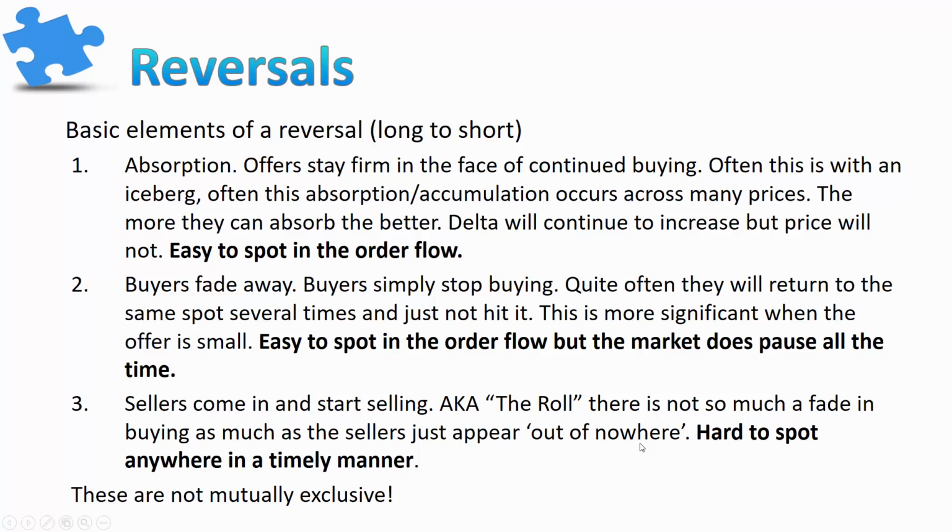Major reversals initiate a new move, and minor reversals are basically your pullbacks. Based on what we know about liquidity and liquidity being consumed, we can talk about just 3 elements that will cause reversal. Not all reversals have all 3 elements, but all reversals have 1 or more of them.